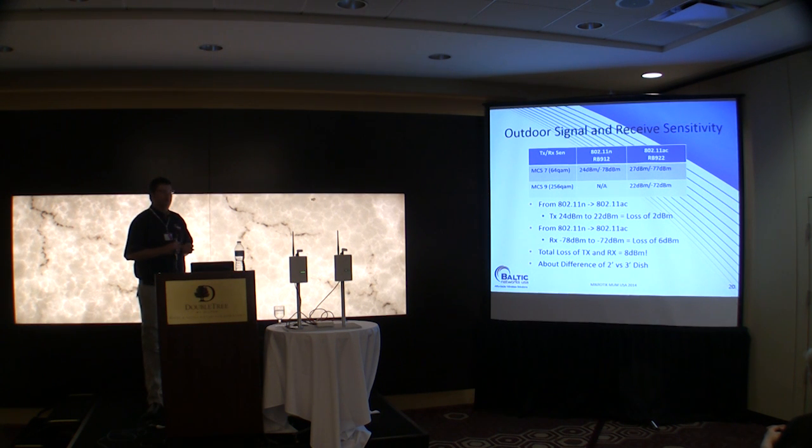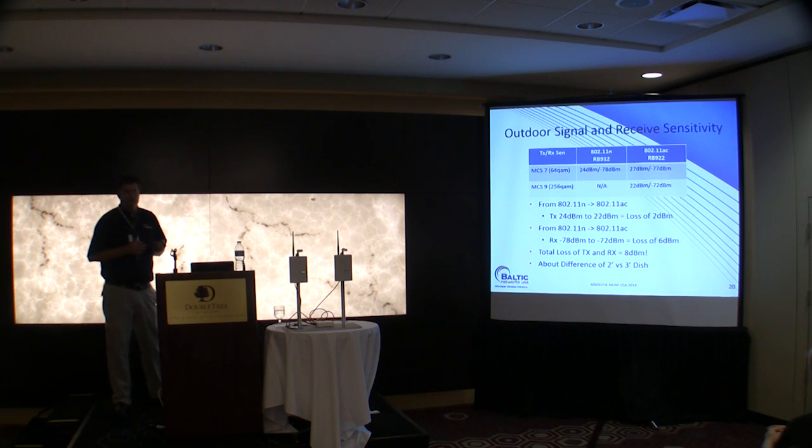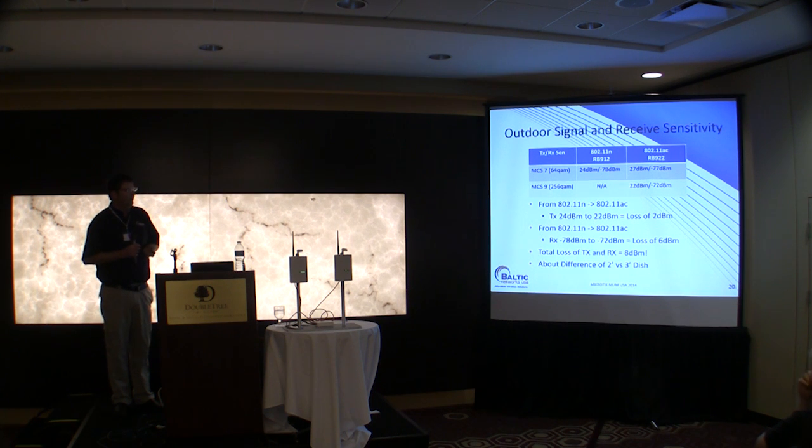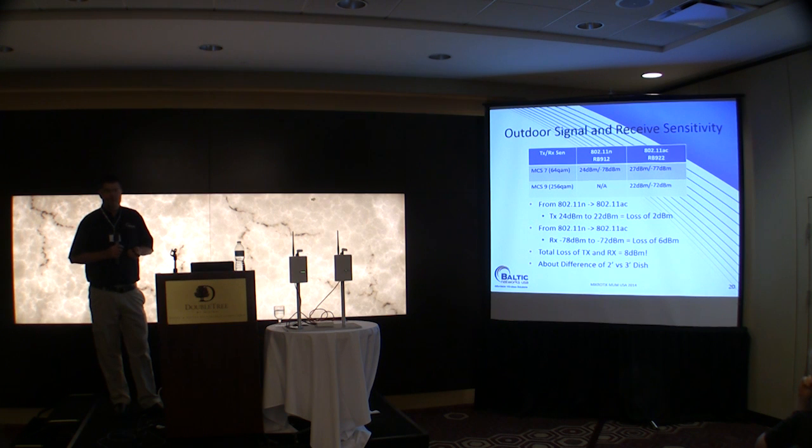So, outdoor signal and receive sensitivity. Let's cover a little bit about what happens if you were to take, let's say, a 912 board, which is an 802.11n board on a point-to-point link, rip it out and put in a 922 board. What are you going to have to do to make that thing work and keep it running at full speed?